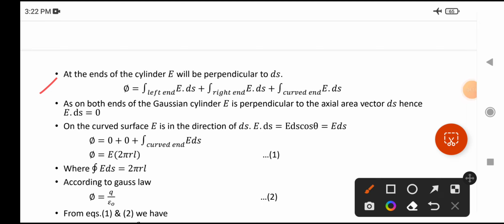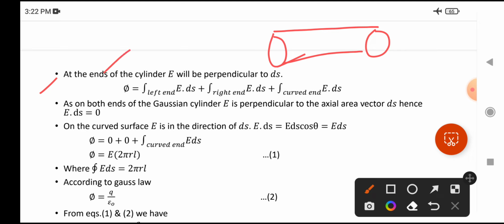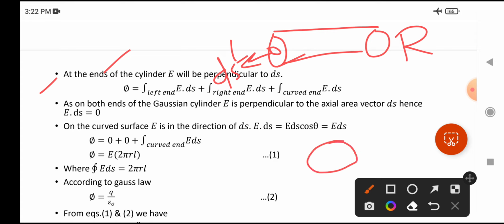At the ends of the cylinder, E will be perpendicular to dS. At the end, either the left end or the right end, if you consider a small area whose area element is dS, dS is always denoted normal to the considered area.